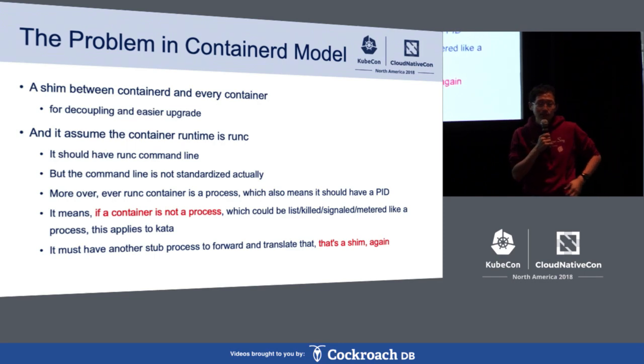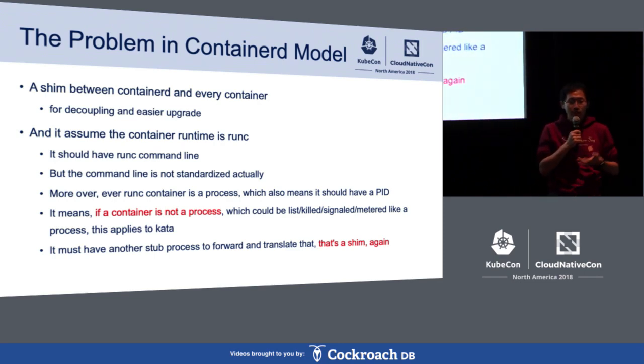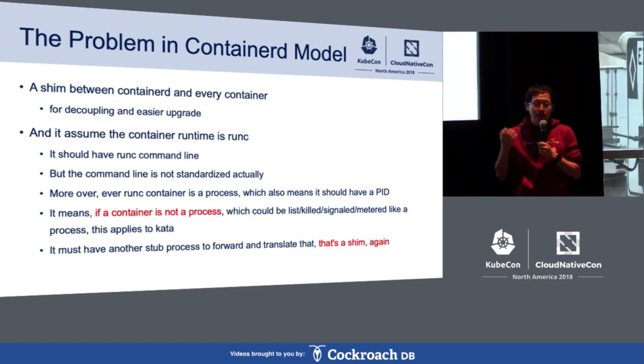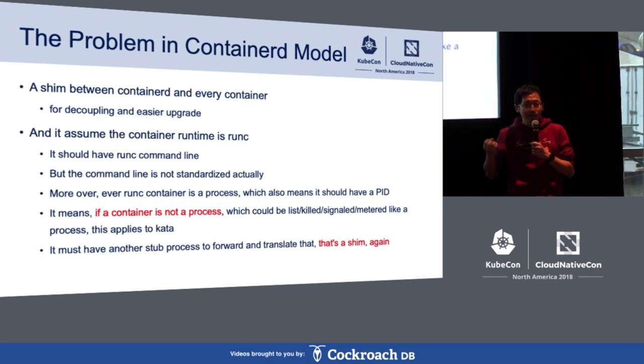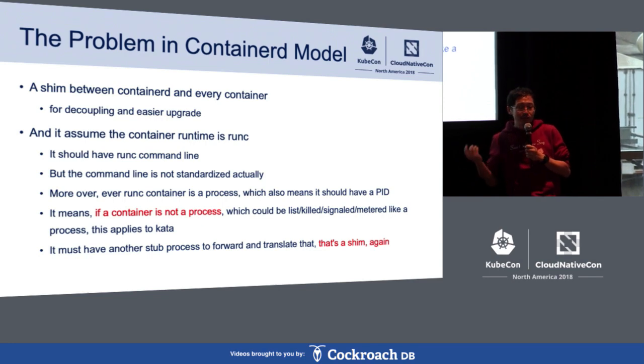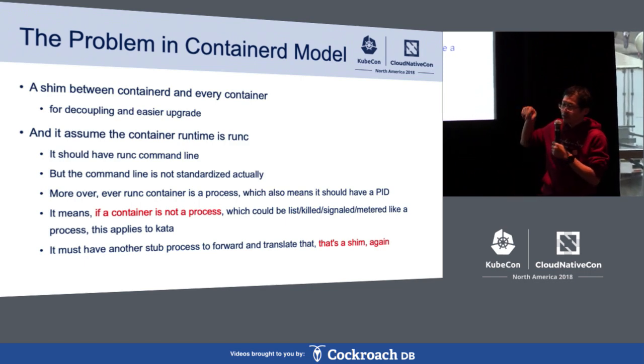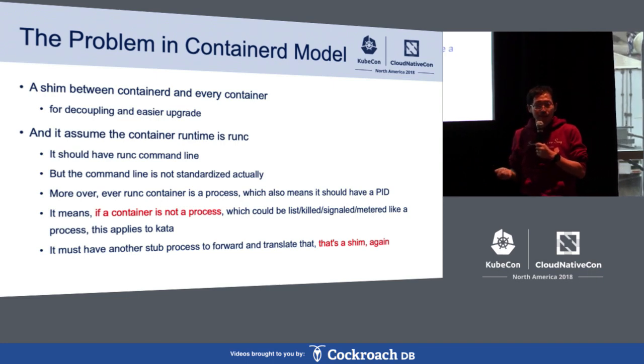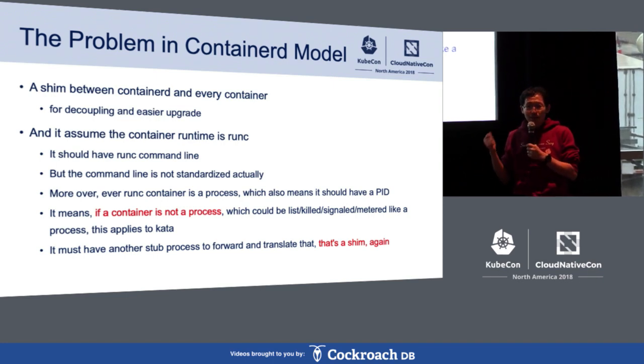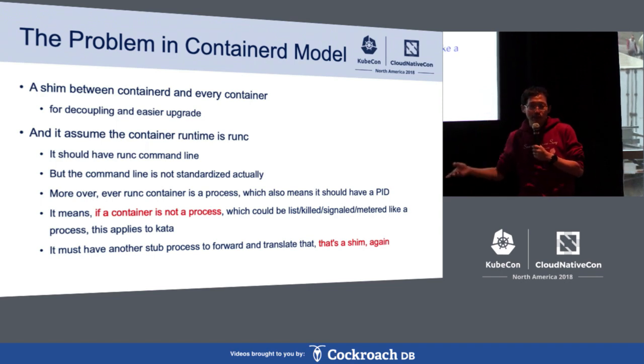Just like Kata. In Kata, we use the VM as a sandbox for containers. That means the sandbox is a pod, and there may be multiple containers inside the pod, right? If we have 3 containers inside the pod, but on the host there is no process for each container, and it's assumed to be a runc container, then it has a PID for them, and you could send a signal to the PID to kill it.